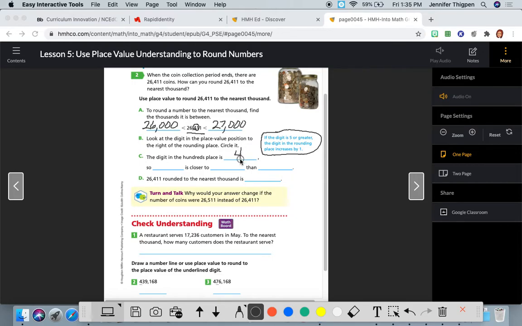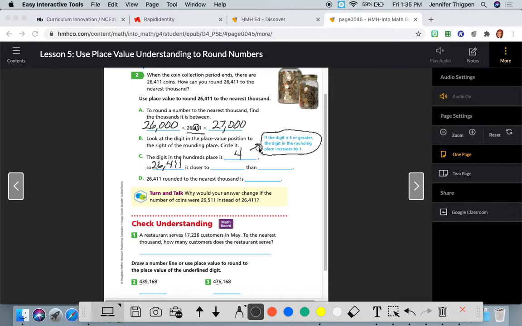So 26,411 is closer to, so if the digit in the hundreds is a 4, what does our rule over to the right say? It increases by 1 if it's 5 or more.